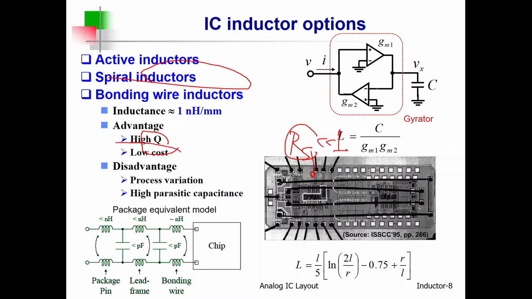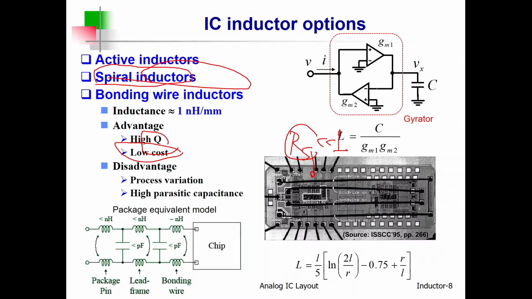And also the cost is very low. Why? Because a spiral inductor usually occupies a lot of chip area. Chip area means what? Money, right? And how about the bonding wire? The overall cost is much less than the large chip area of a spiral inductor.